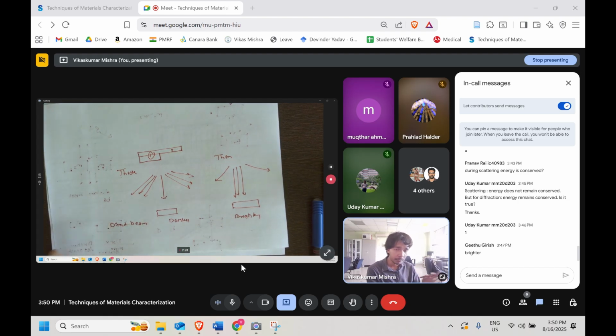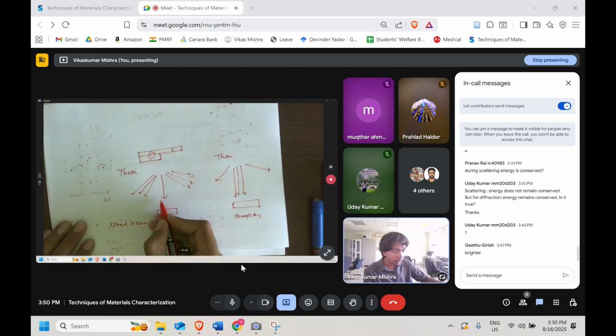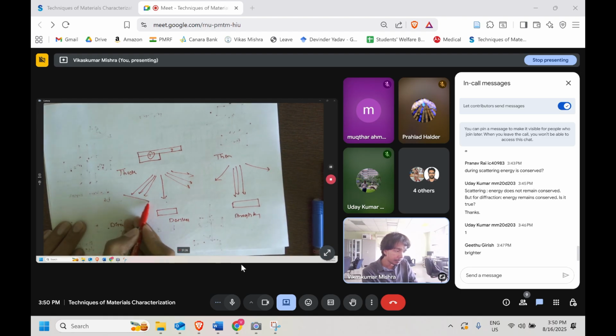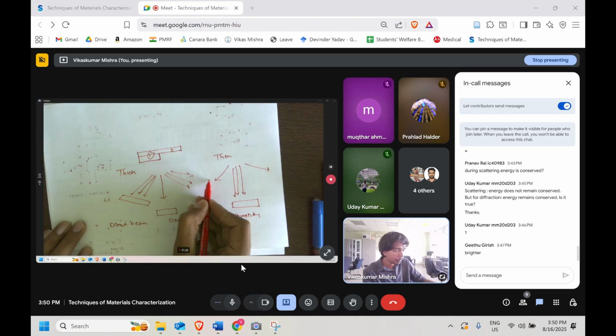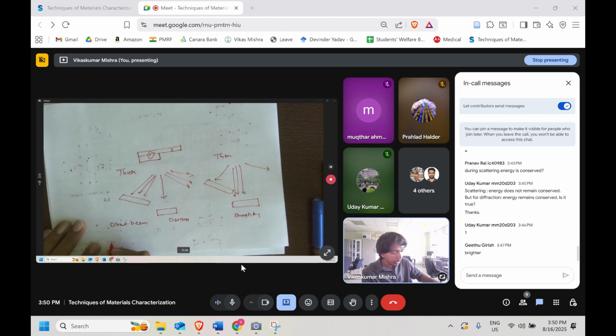Right? Now, in another case, I'm not using the direct beam, I'm imaging the scattered beam. So if I'm using the diffracted or scattered beam, what will it be here? Will it be darker or brighter in case 1?